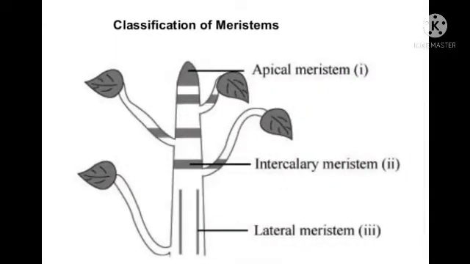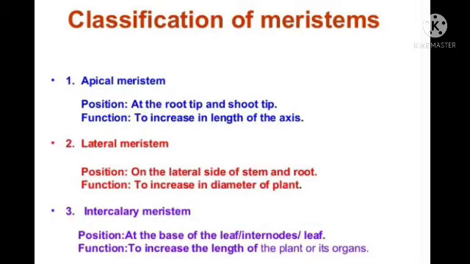Classification of meristems. They are divided into three: apical meristem, intercalary meristem and lateral meristem. Apical meristem: the position is at the root tip and the shoot tip. Function: to increase the length of the axis.